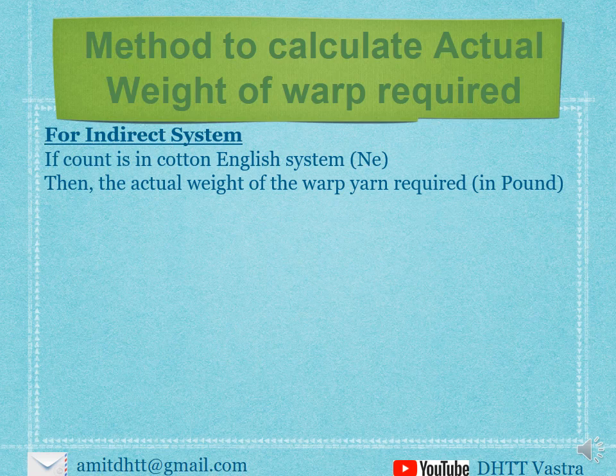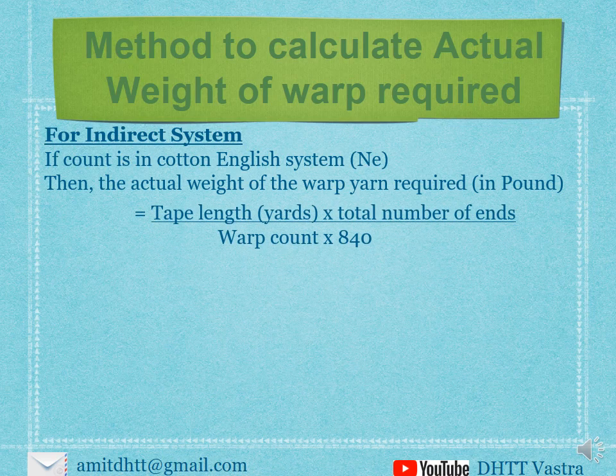Next, to calculate the actual weight of warp: as counts are in different systems, there are two different formulas mostly used. First, for the indirect system. If the count is in the English cotton system, then the actual weight of warp yarn required in pounds is equal to tape length in yards into total number of ends, whole divided by warp count into 840.